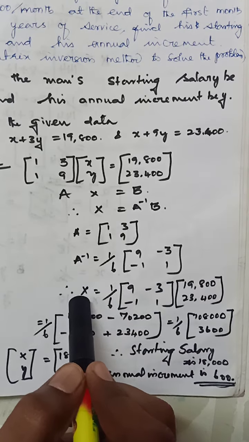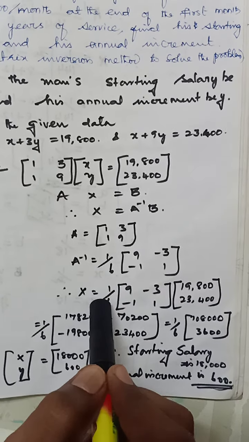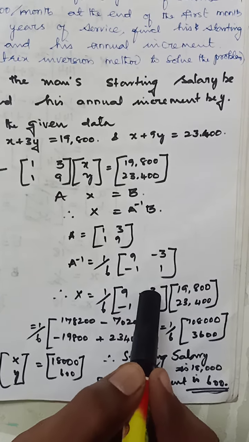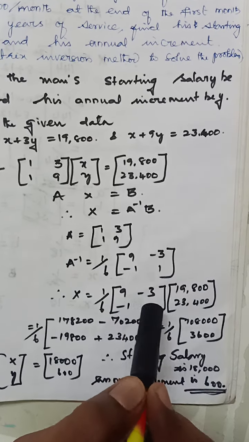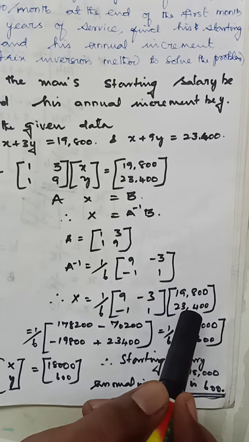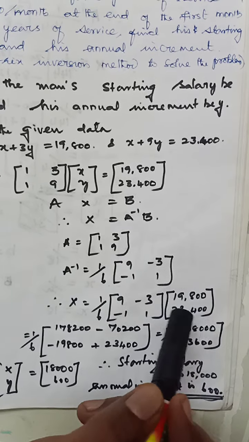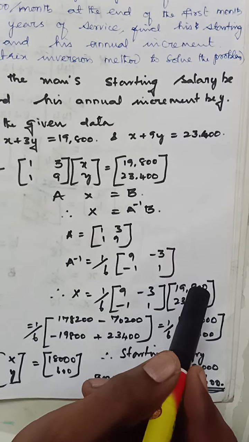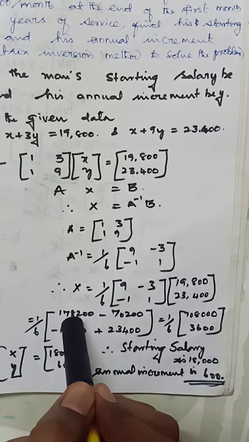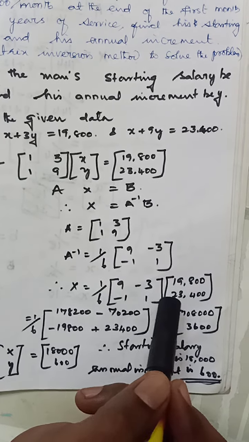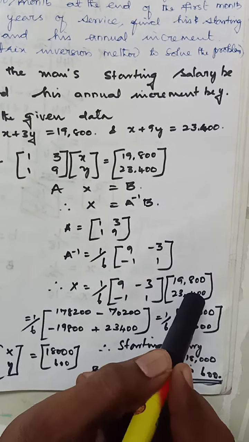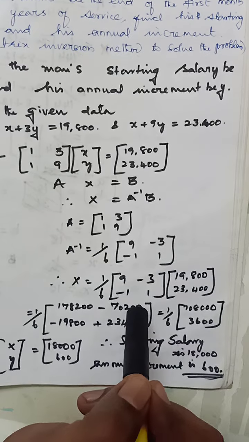So we can find the X value: 1 by 6 times 9, minus 3, minus 1, 1, 19,800, 23,400. Now 9 times 19,800 is 1,78,200, and 3 times 23,400 will be 70,200.